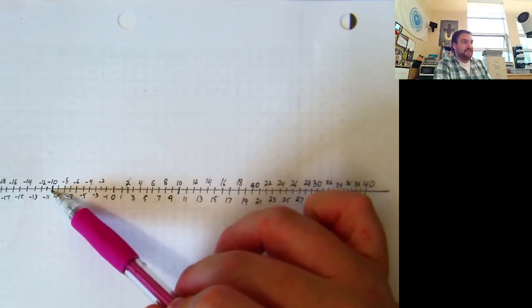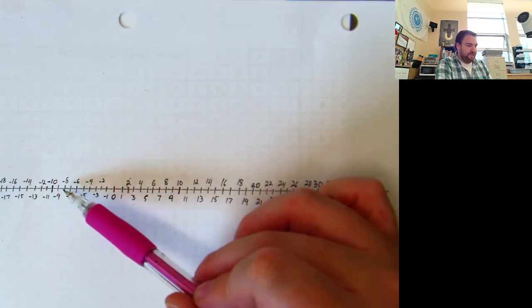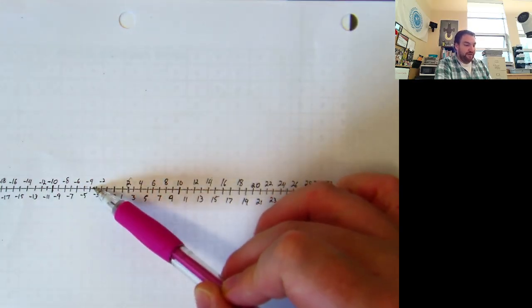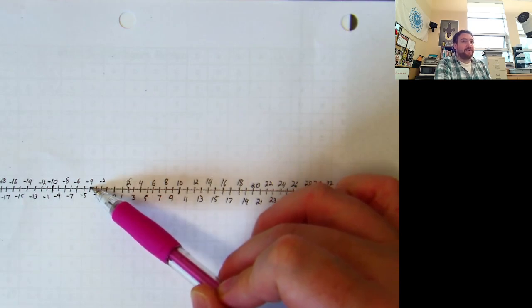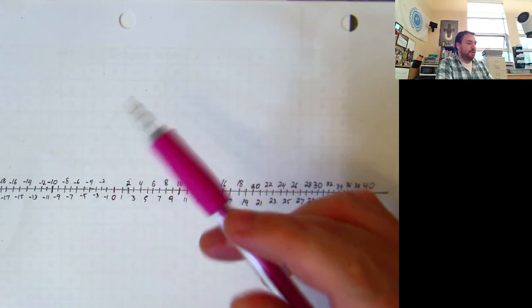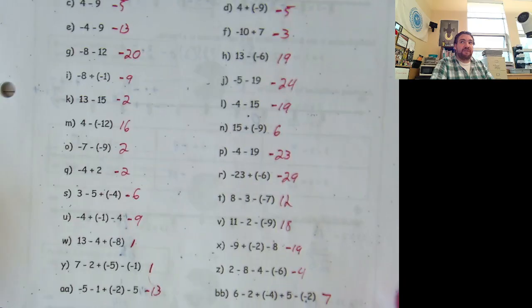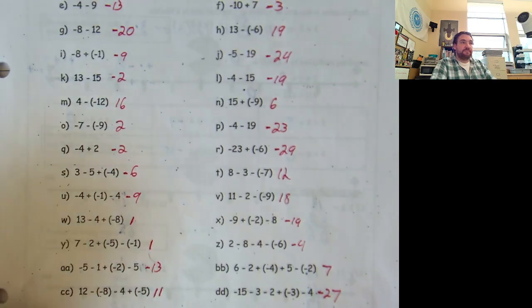Taking away a negative is the same thing as addition. So we're going to go up to the right. 1, 2, 3, 4, 5, 6, and there we are at negative 4. Conceptually, that's how you tackle that. Cool. Anything else anyone wants me to talk through, demonstrate? Okay. I'm sure we'll have more time to practice this in a bit.